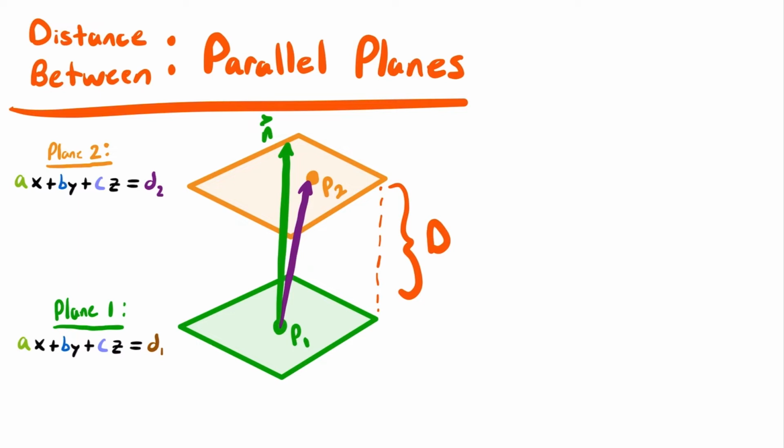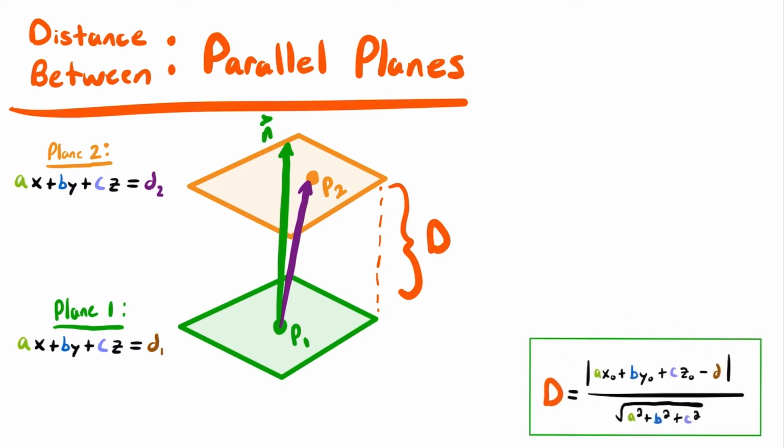All right, and so we can reuse our formula from earlier for the distance between a point and a plane. Here is that formula. Remember that x sub 0, y sub 0, and z sub 0 represent the coordinates of the point that we are calculating the distance to from the plane. So that would be point P2.